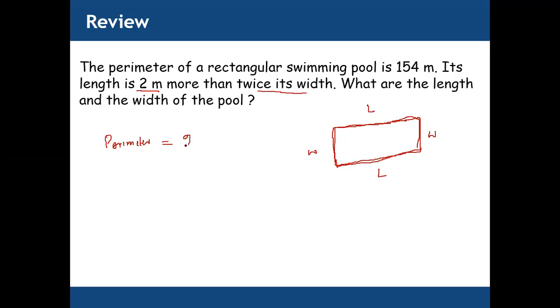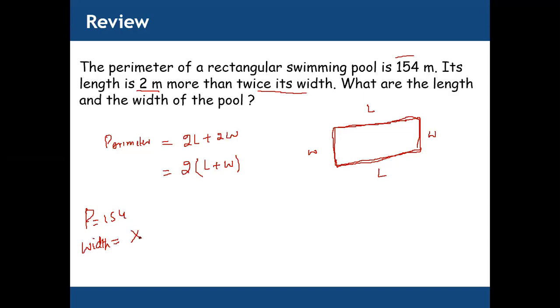You can write 2 multiplied by length and 2 multiplied by width, or 2 multiplied by length plus width. According to the condition, the total perimeter is 154. The perimeter is given as 154.